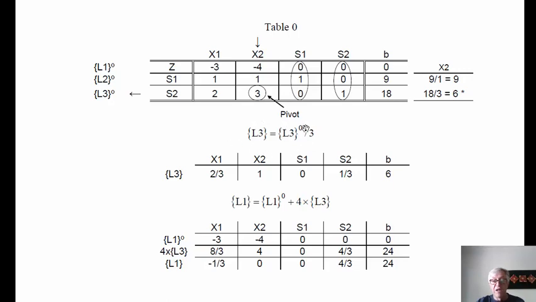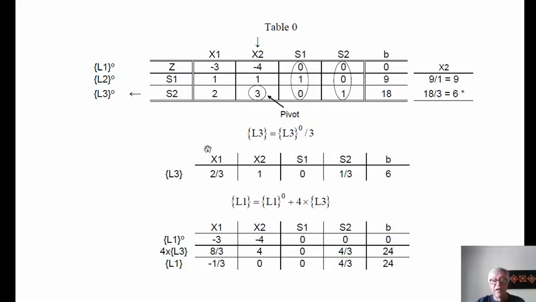So what I'm saying here is that this is line 3 of the table. So I need to consider the previous line, that is the line of the previous table, and divide all elements by 3.